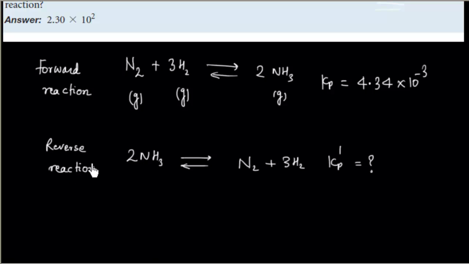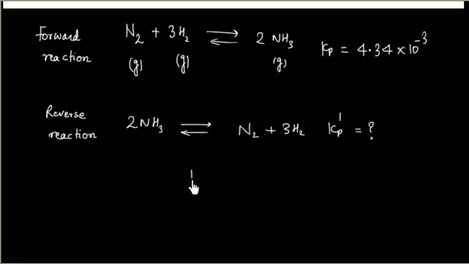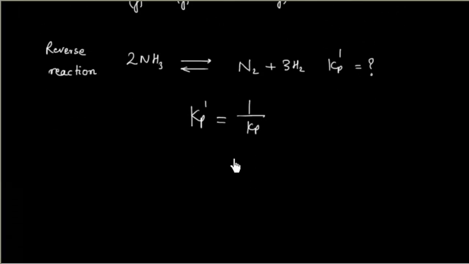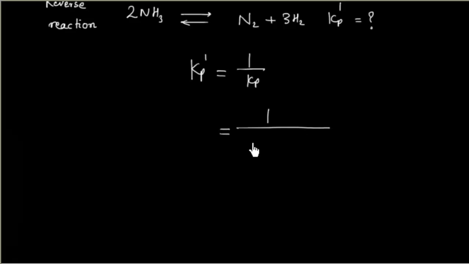And now we know forward and reverse reactions are related by reciprocals. So we can say Kp dash is nothing but 1 by Kp, and Kp is given, that is 4.34 into 10 to the power minus 3.